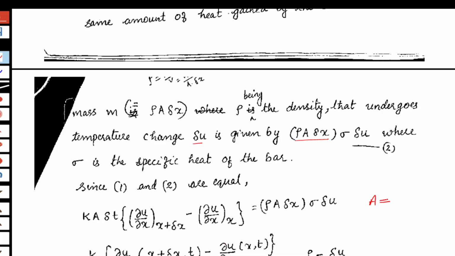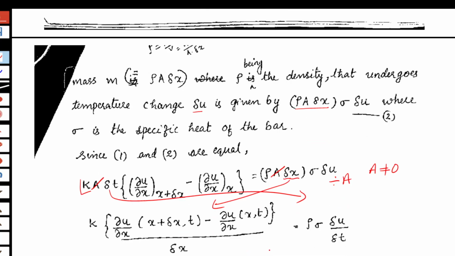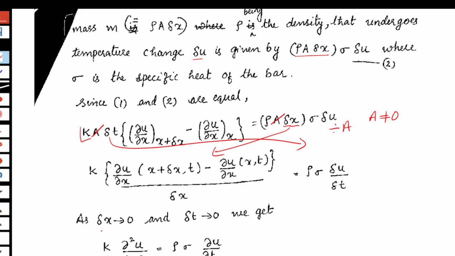A is the area, which is a non-zero constant, therefore we can divide throughout by A. Now divide the left hand side by delta x and divide the right hand side by delta t. We get K into [∂u/∂x at (x plus delta x, t) minus ∂u/∂x at (x, t)] divided by delta x is equal to rho sigma into delta u by delta t. Now let us take delta x tends to 0 and delta t tends to 0.